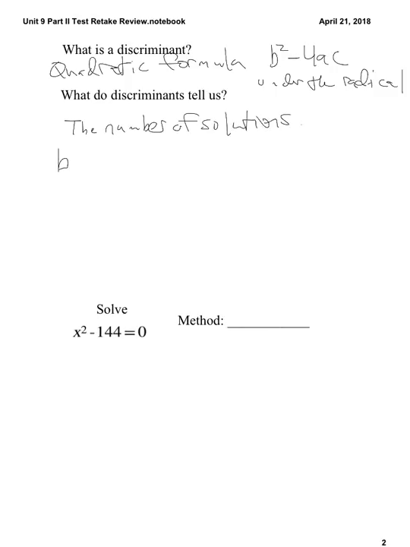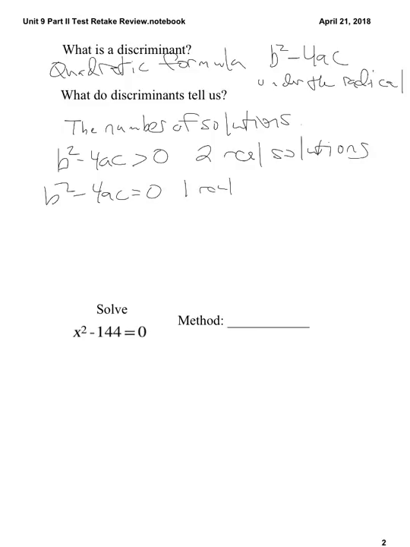If b squared minus 4ac is greater than 0, you have 2 real solutions. If b squared minus 4ac is equal to 0, you have 1 real solution, and it's going to be your vertex.